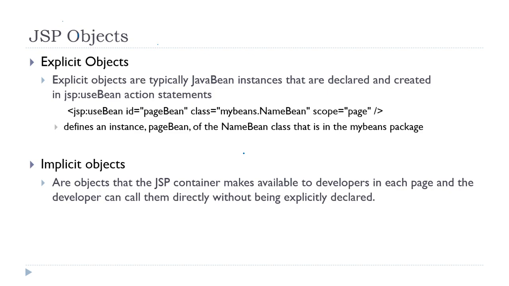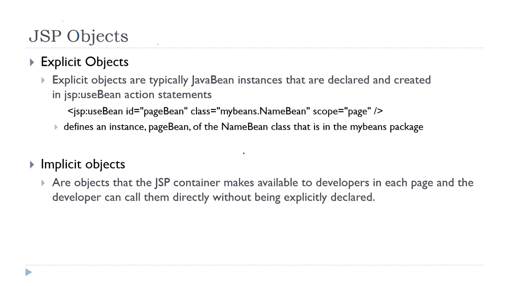Every field should have a getter and a setter, and there should be a no argument constructor in that class. Because the fields are private, they will only be accessed by the constructor or the getters and setters. So these are the restrictions on a Java bean.